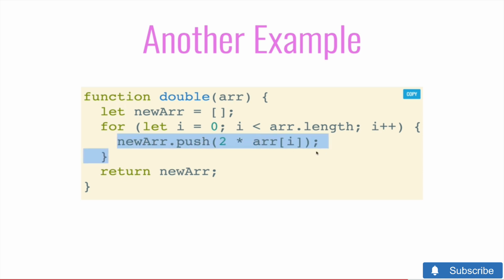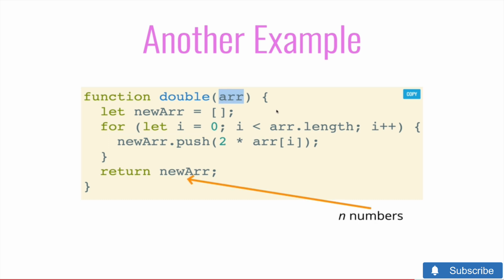We have this new array, and it's getting longer and longer directly in proportion to the length of the input. So if the array is 10 items here, we're storing 10 items in a new array. If this is 50 items, we're storing 50 items here in a new array and returning that. So the space that's taken up is directly proportionate to n, to the input array. So n numbers, we get O of n space.